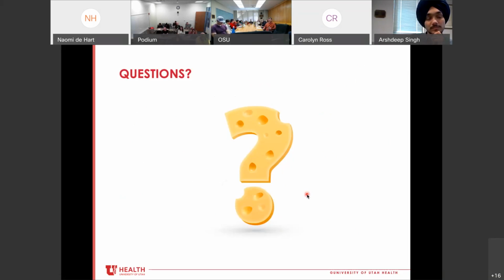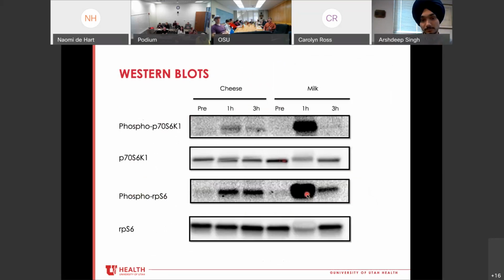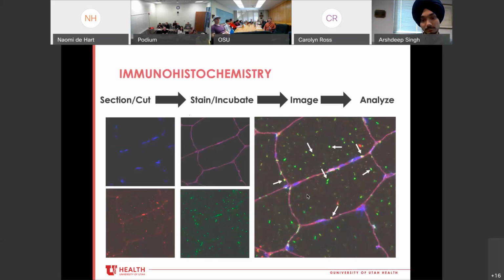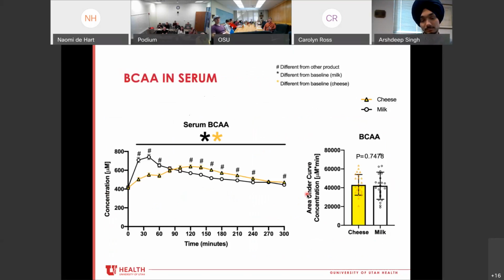I have a kind of general question related to overall dietary habits. You showed the graph where you see this increase and decrease based upon breakfast, lunch, and dinner. You don't have to go back to it. This one, right?